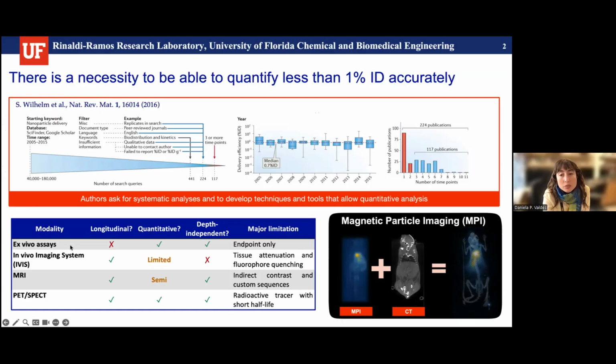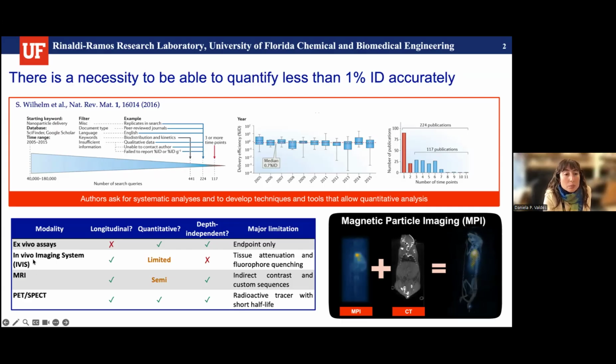And when we do imaging for things like treatments with magnetic particles, mostly with iron oxide, the problem with ex vivo is there can be iron already present in the organs, endogenous iron, and that's a limitation too, because the amount we inject might be smaller than that endogenous iron amount.